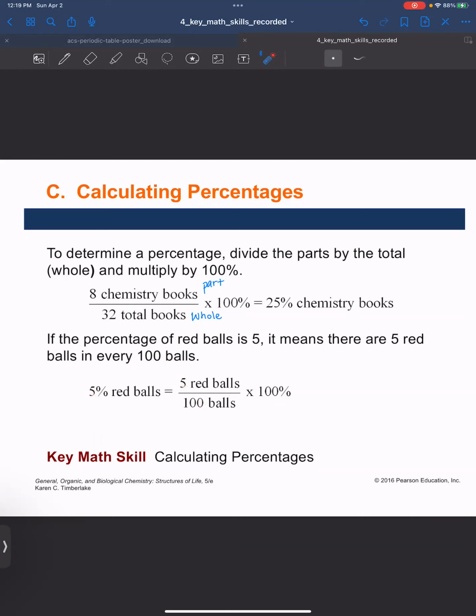So 5% translates to 5 over 100, so 5 red balls over 100 total balls times 100%. When we do problems involving percentages, I'll teach you these tricks and we'll review over this. But in this particular lecture video, I just want you to become familiar with what percentages tell us. It's the part over the whole.